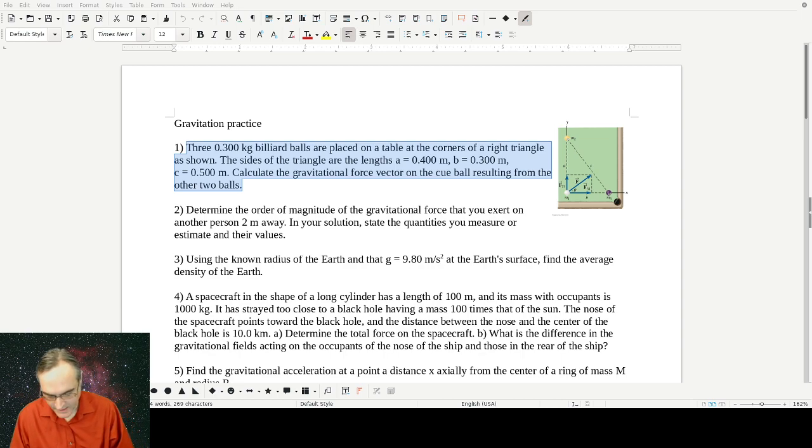We want to calculate the gravitational force on the cue ball. Now you'll notice we do have two objects here, mass 2 and mass 3, each acting on the cue ball. So this is actually going to be a sum of forces problem. We have two forces that will get added together. We're going to find each of them individually.